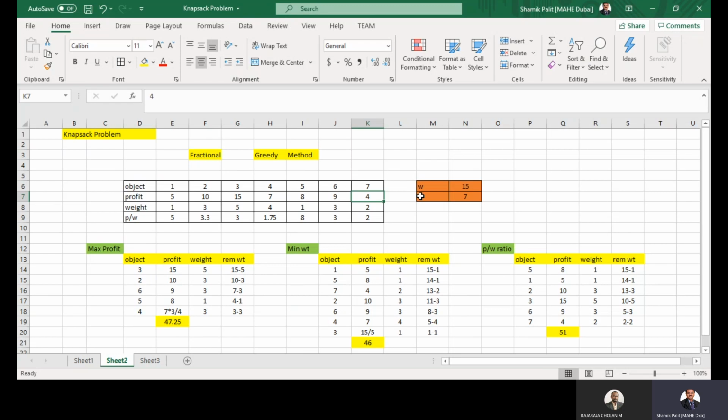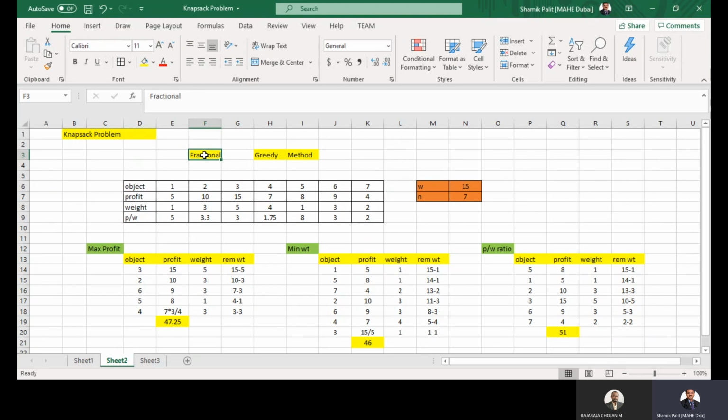If you start picking up different weights, with a profit associated with every weight, and once you reach 15 kilos with the same objects, how much maximum profit can you gain? So here we are doing this using a specific solution that is called fractional knapsack. The basic concept behind fractional knapsack is that you can also select a part of the weight, not necessarily the entire weight.